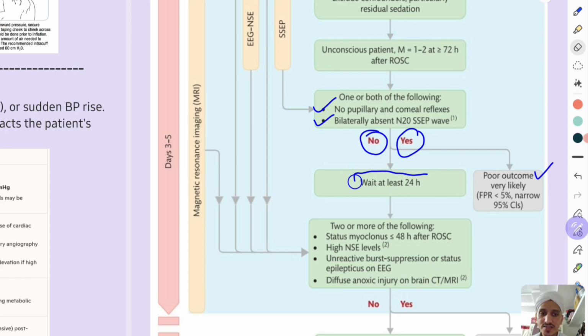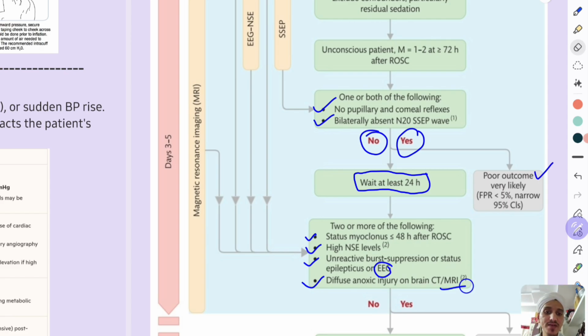at least 24 hours. After 24 hours, you see whether there was a history of myoclonus less than 2 days after ROSC. See the biomarkers whether they are high. See on EEG, unreactive burst suppression or status epilepticus, and on CT and MRI, diffuse anoxic injury on brain.